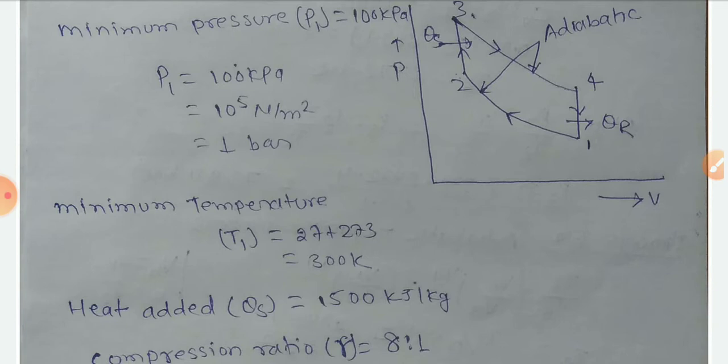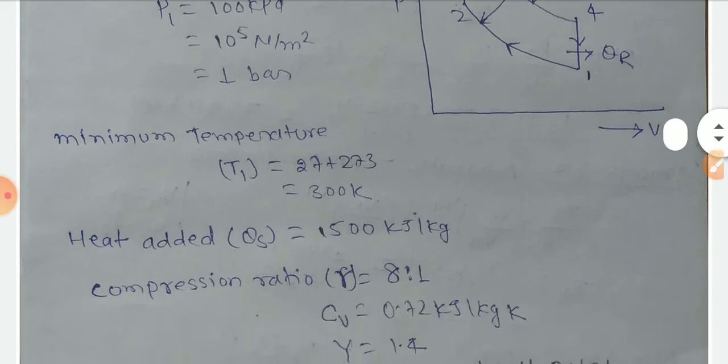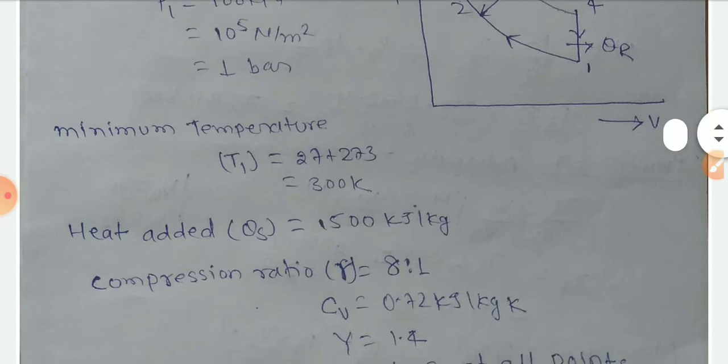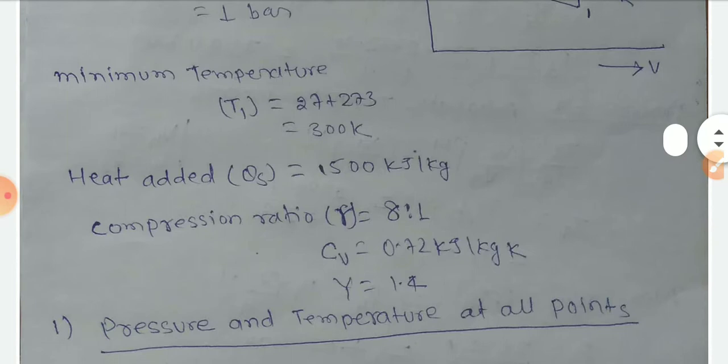Heat added is already given as 1500 kilojoule per kg, and the compression ratio is also given, r equal to V1 by V2 equal to 8, and Cv 0.72 kilojoule per kg Kelvin and gamma is 1.4. First I am going to calculate pressure and temperature at all points.